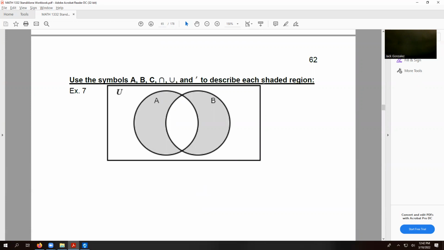So let's do the left side first. What would that piece be?